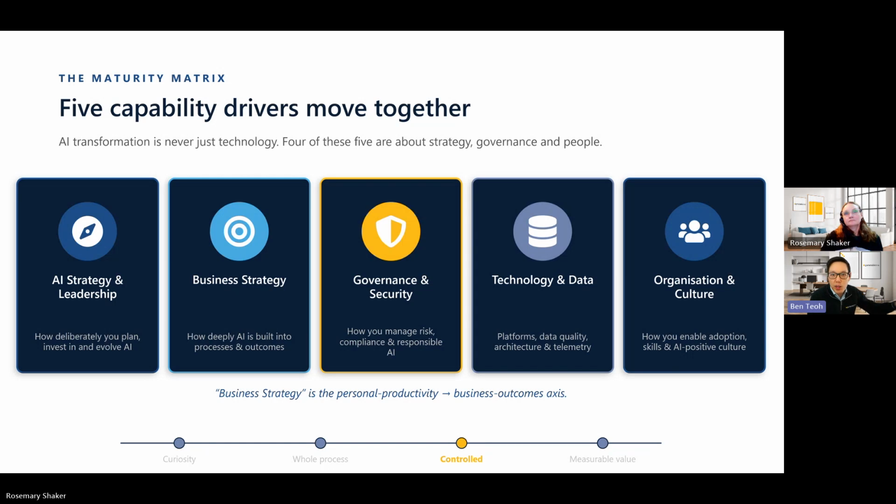And we also end up talking with executives and senior leaders, because without all of these pieces in place, you won't have that foundation to build on in the future. So it's really important that, as Rosemary said, the AI conversation doesn't sit solely with tech. It has to be had across the whole org.